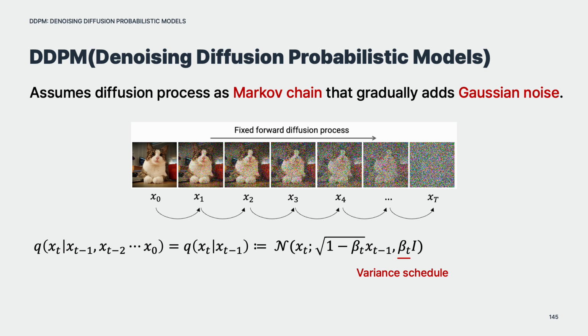At each time step t, a new noisy image xt is sampled from a distribution conditioned on xt-1 according to the Markov chain formulation. The amount of noise added at each time step is controlled by a variance schedule beta t, which gradually increases over time.